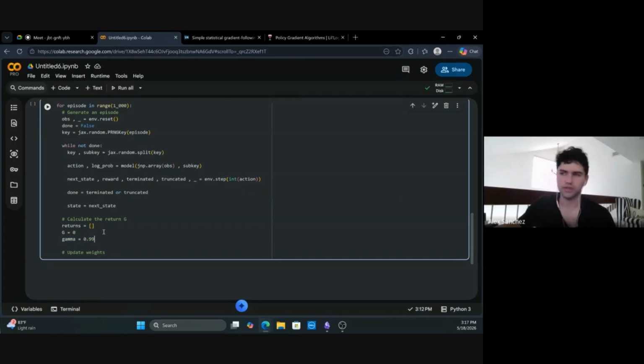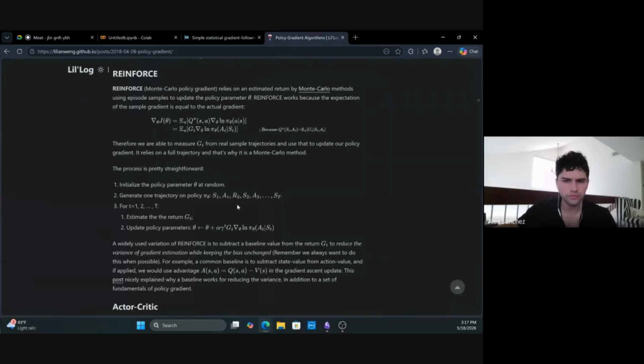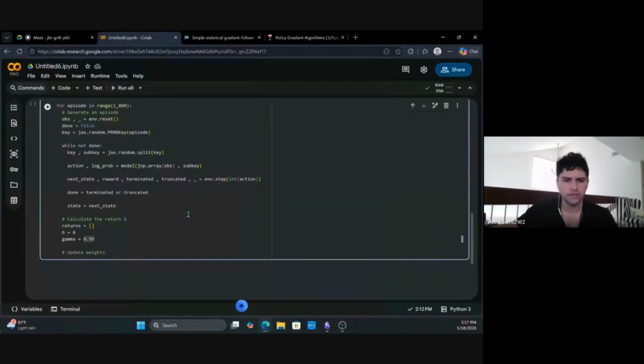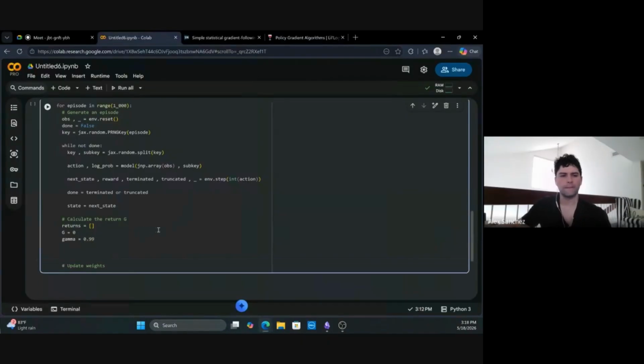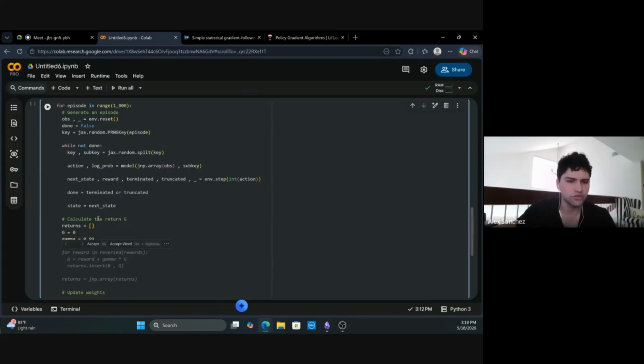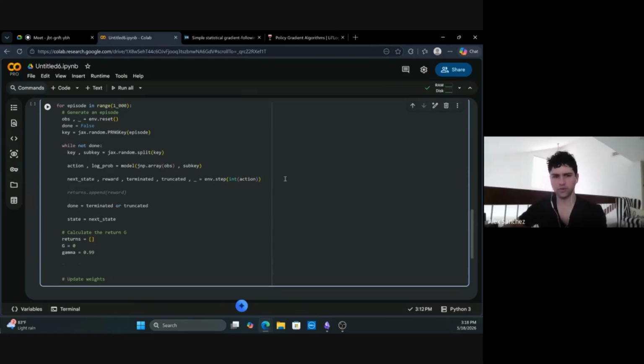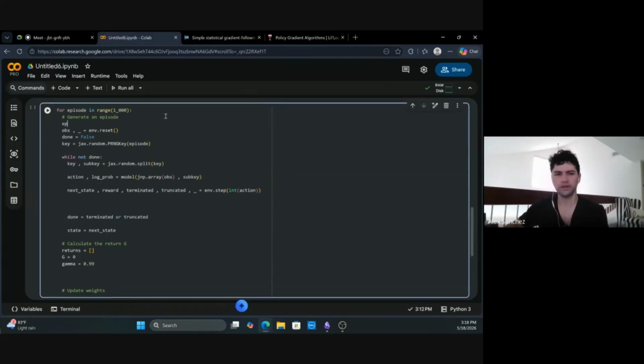And it's basically just a simple recursive formula, but we're going to need to keep track of our rewards and other things as well, but mostly our rewards. And so let's make an array called episode data.